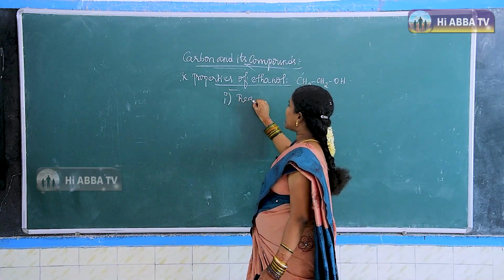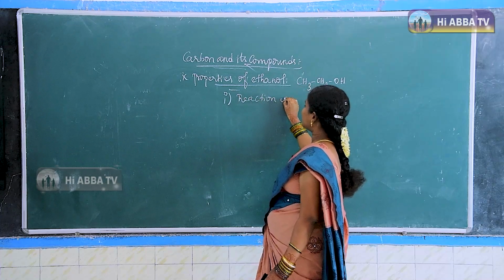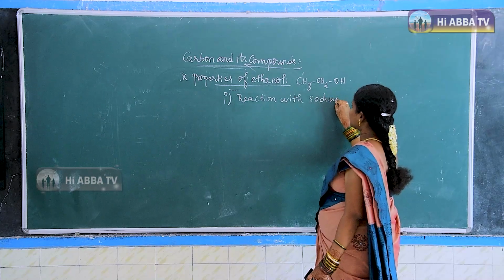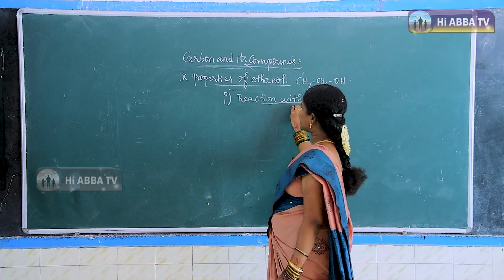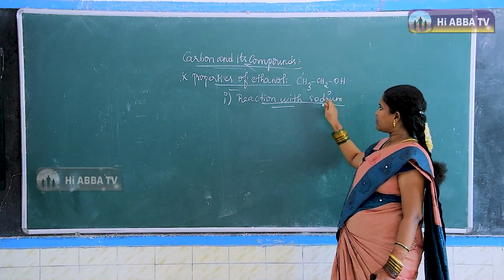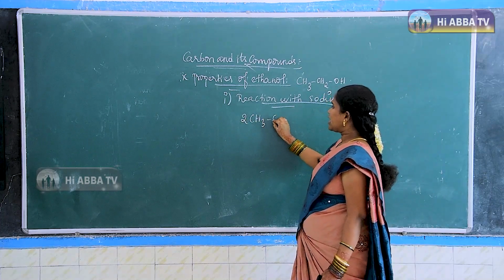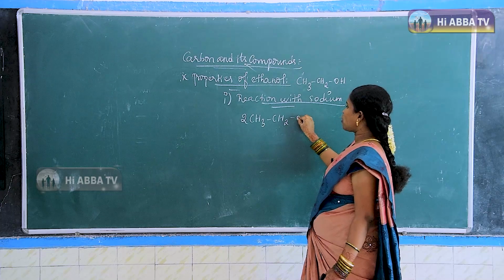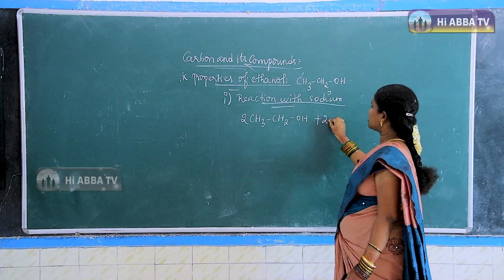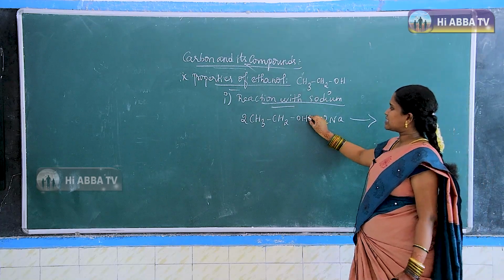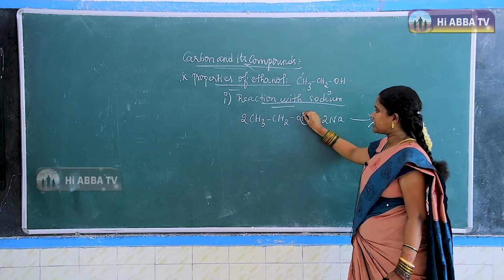One is the reaction with sodium. So the first reaction we are going to see is with sodium. So I will take ethanol that is being reacted with sodium. How am I going to write the product? You just listen. I am going to remove this hydrogen.